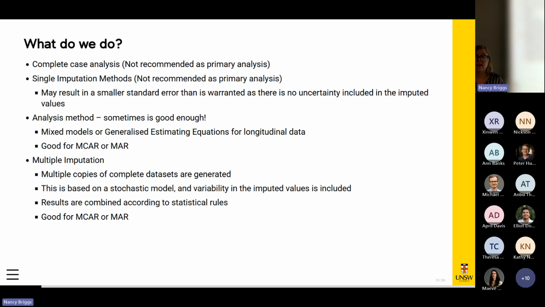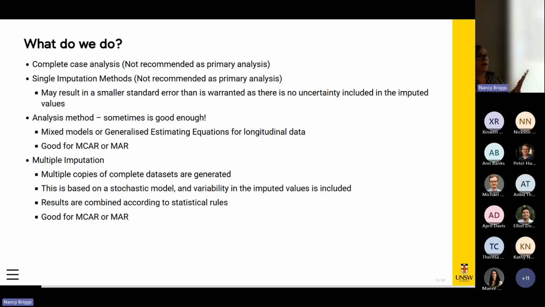In this general approach, you use a statistical model to generate different instances of complete data based on the information in the data that you've actually observed. And this is based on a stochastic model, and so the variability that those single number imputation methods exclude is actually included in the process.